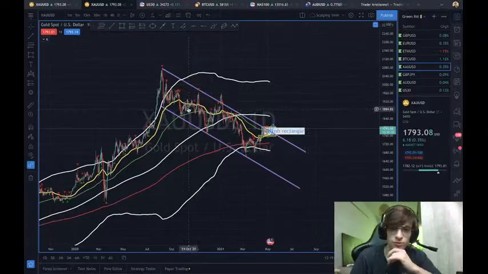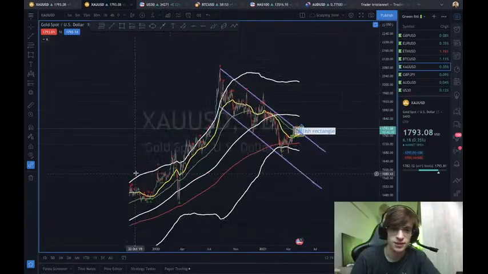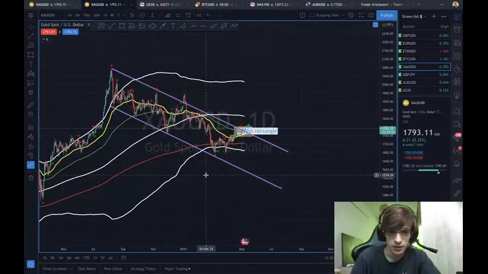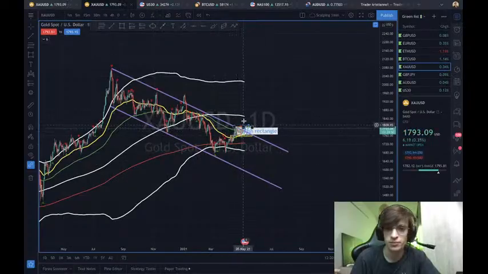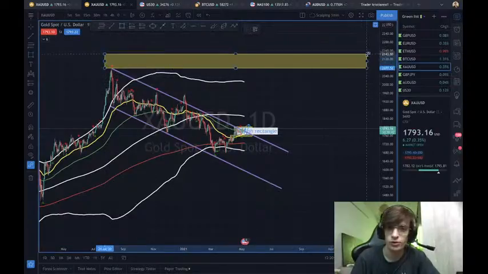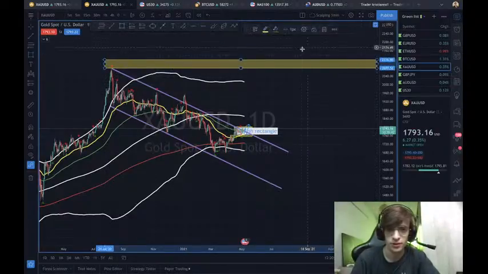So now go to gold. As you can see, it's a falling wedge again on the daily time frame. So it probably will someday break through it and continue being bullish until probably this point, and then it will maybe reverse and maybe it will break through it and be even more bullish.